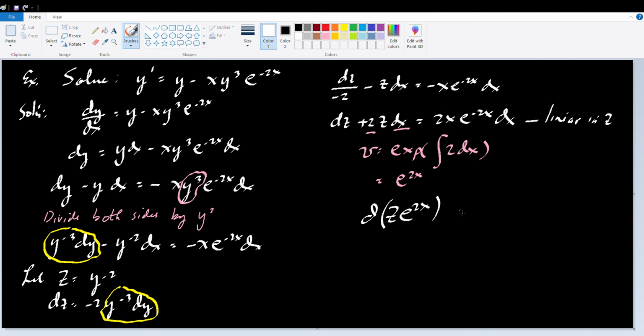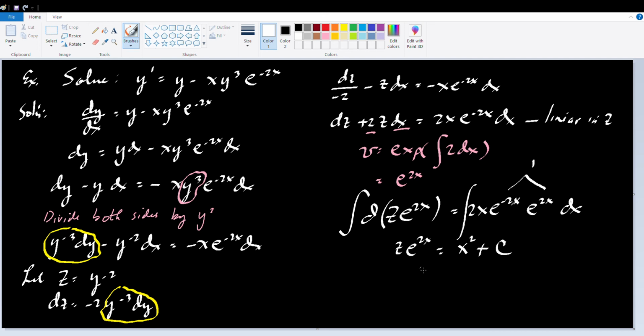Differential of z e to the 2x equal to, we then introduce e to the 2x to the right side, and we know that e to the negative 2x times e to the 2x is 1. So we then integrate. The integral of the differential of z e to the 2x is z e to the 2x equal to the integral of 2x dx, or 2x squared over 2, or just x squared plus the constant c.